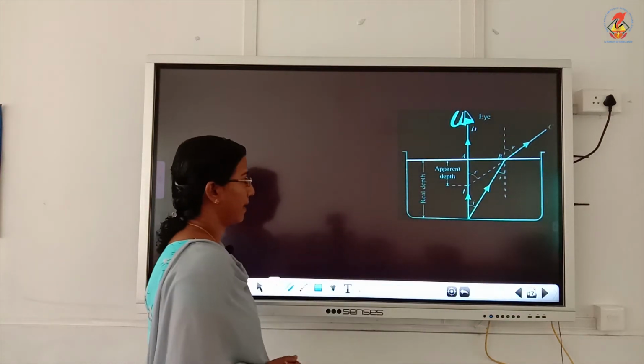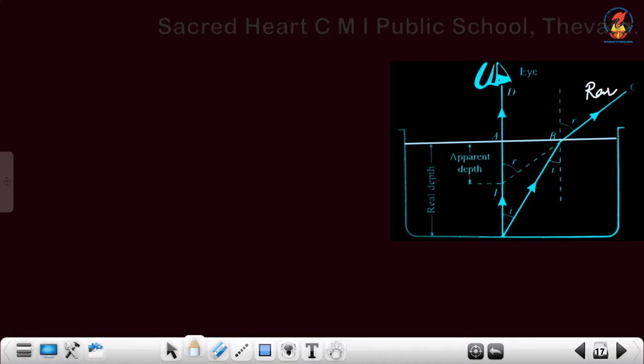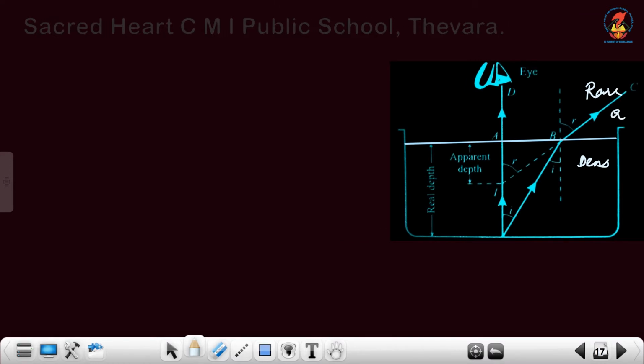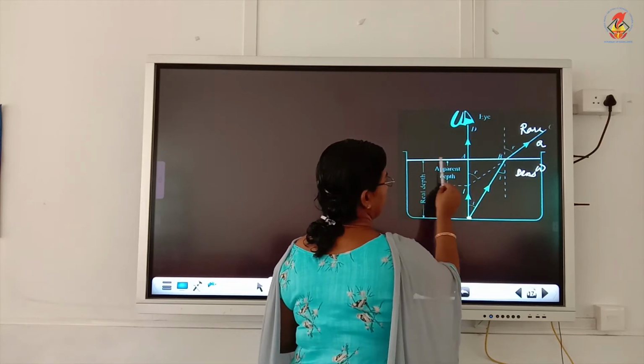So imagine this is a rarer medium, this is a denser medium, this is air, this is water, and an object is placed at the bottom of the water. Now two rays from the object are reaching our eyes. One ray is traveling straight, hitting the surface normally.